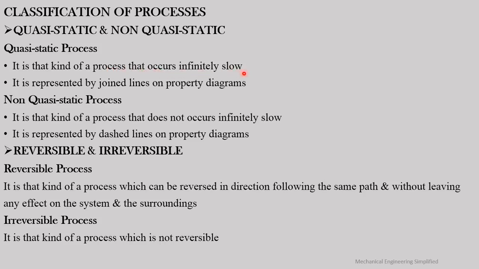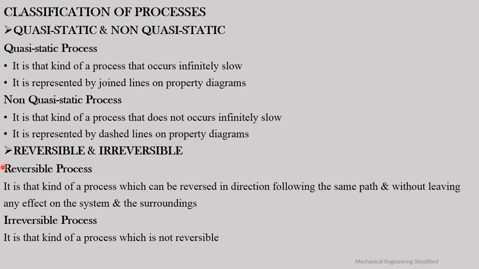Any process that is occurring infinitely slow is known as a quasi-static process, and it is represented by joined lines on the property diagrams. Then a non-quasi-static process is that kind of process that does not occur infinitely slow, and it is represented by dashed lines on the property diagrams.